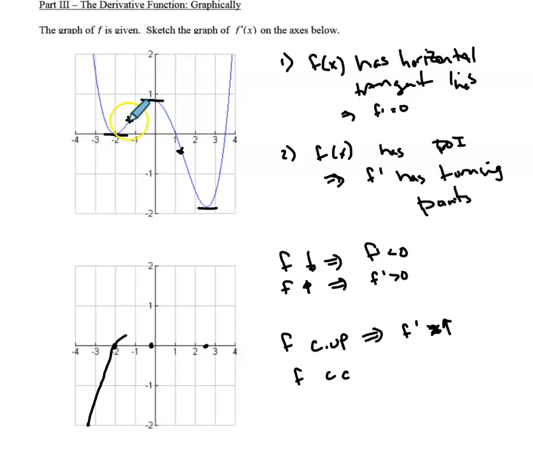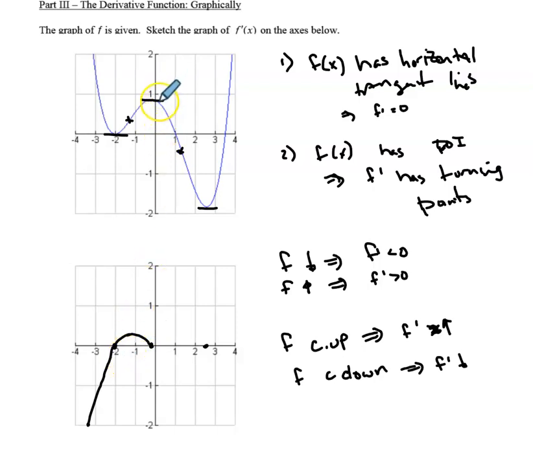So I take a positive slope and then I tend towards 0 slope, which means that my derivative is decreasing. So that means on a concave down portion of f, my derivative function is going to be decreasing. So I need to connect here. I have now a decreasing and positive portion of my derivative graph.